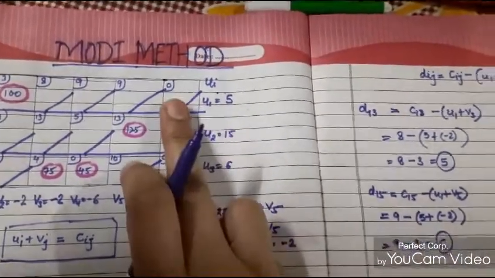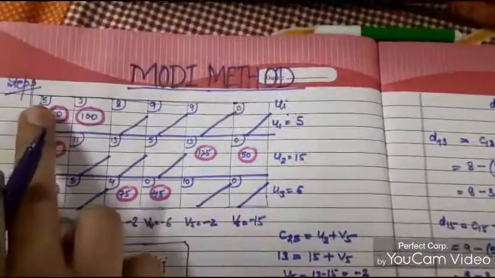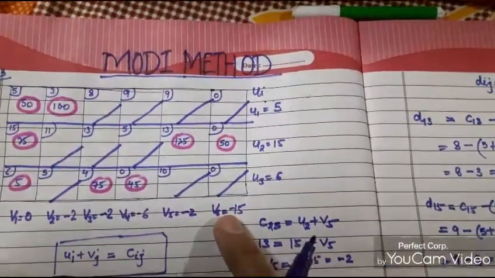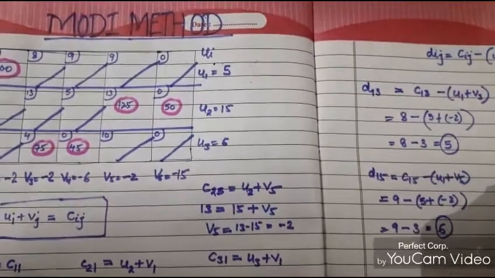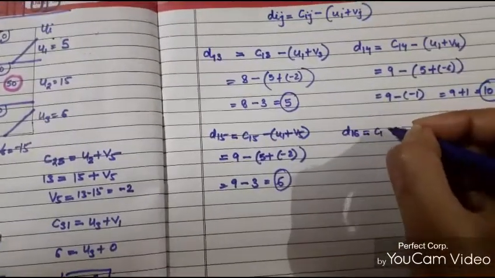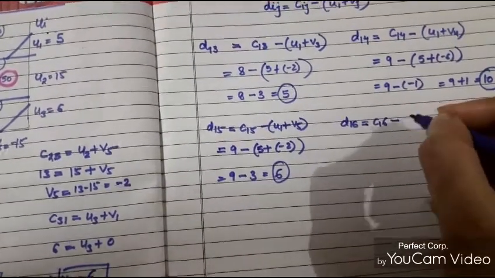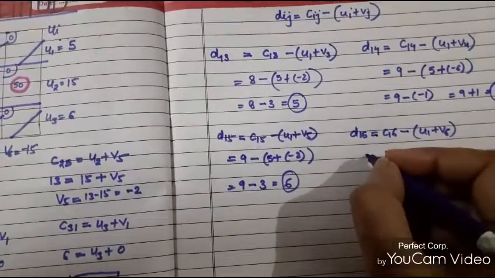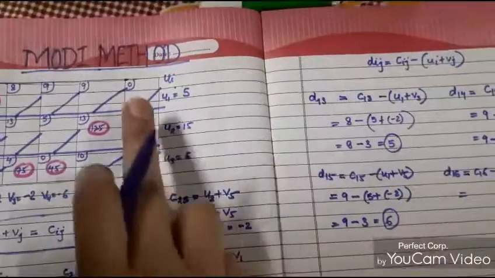For this cell, this is first row and sixth column, right? So D16 or C16 minus U1 plus V6. What is the value of C16? The cost is 0.